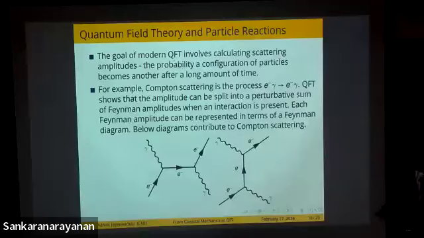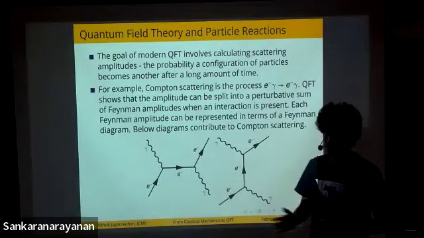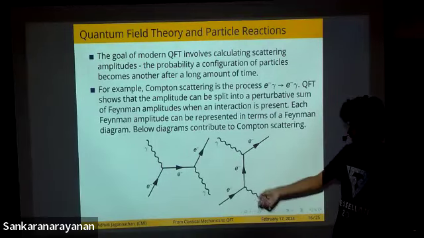If you expand this scattering amplitude, what you get is a sum of things called Feynman amplitudes, each of which is neatly represented by a Feynman diagram.